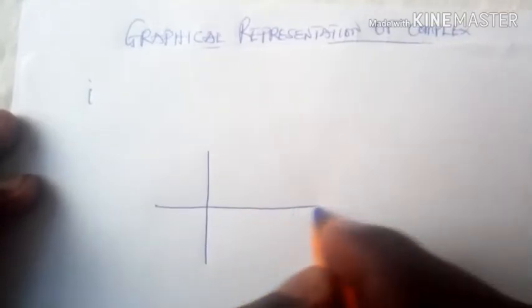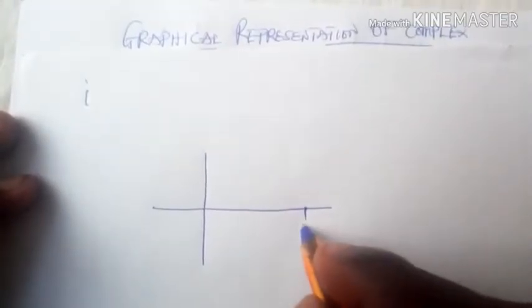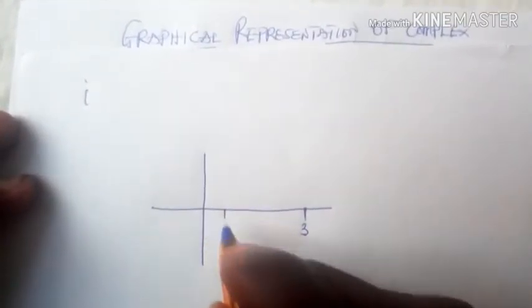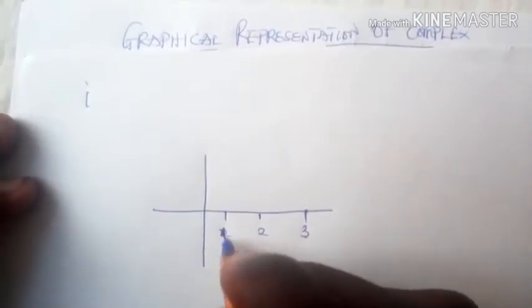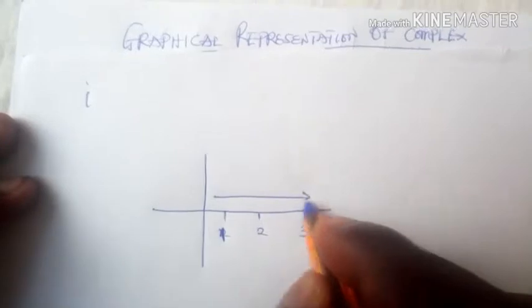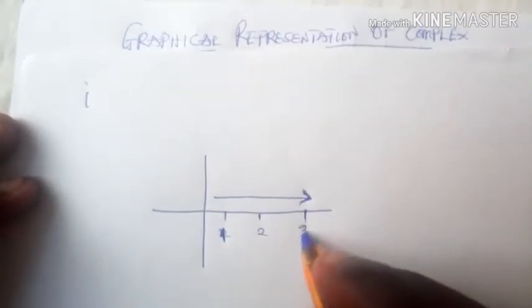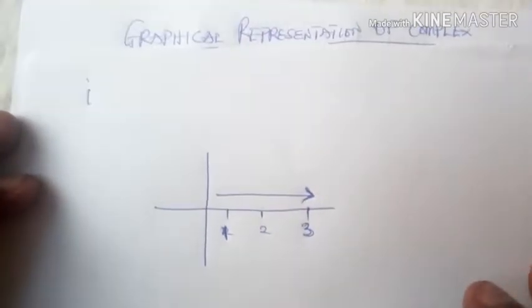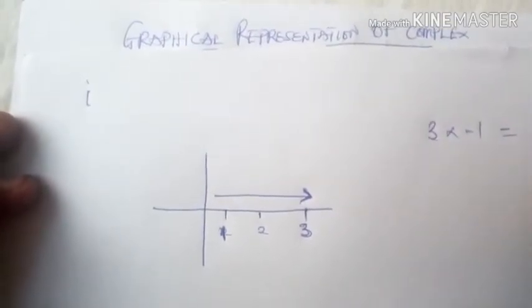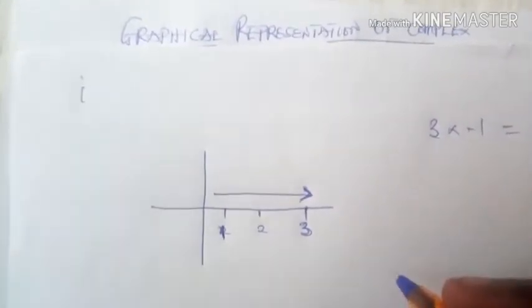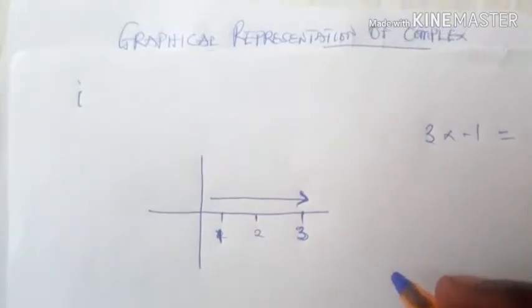When you have this graph over here, this is 3. When you multiply 3 by negative 1, this is going to give us negative 3.